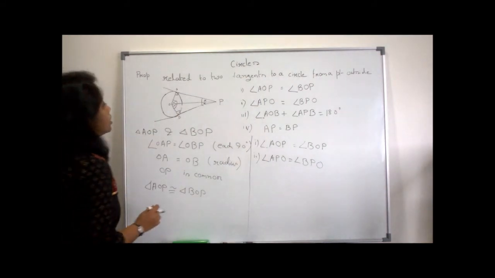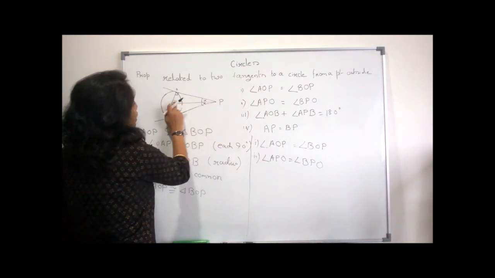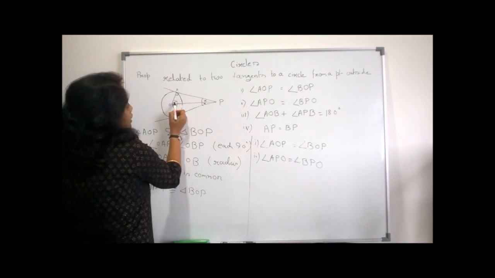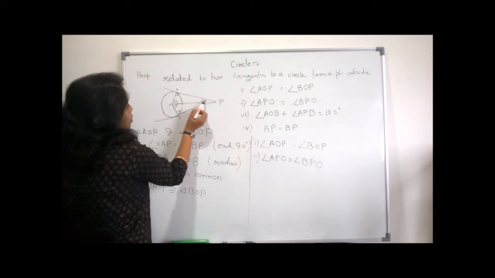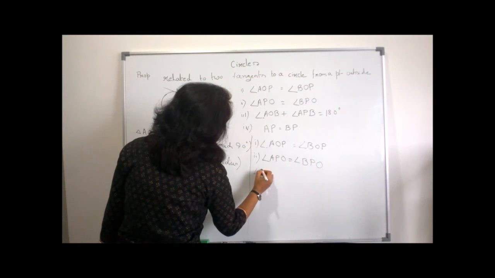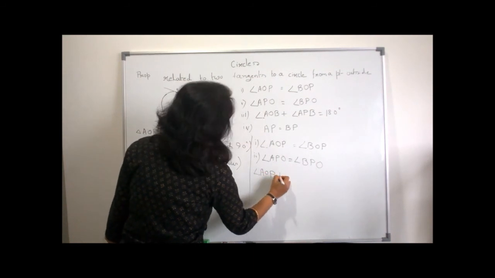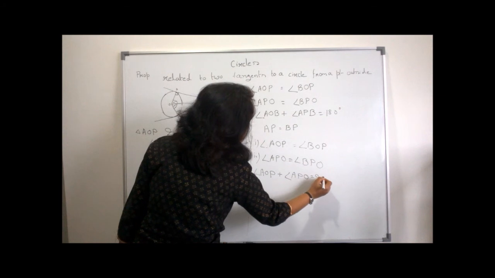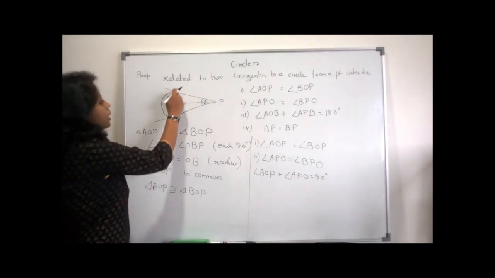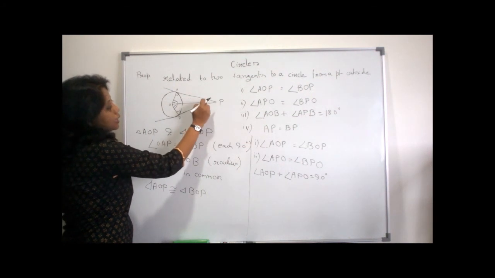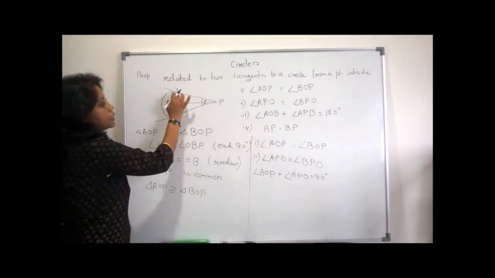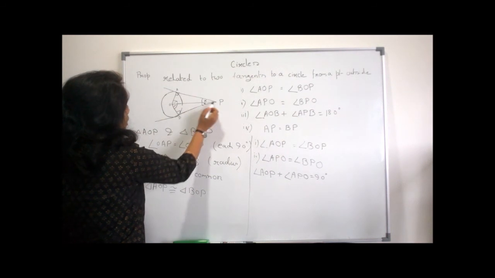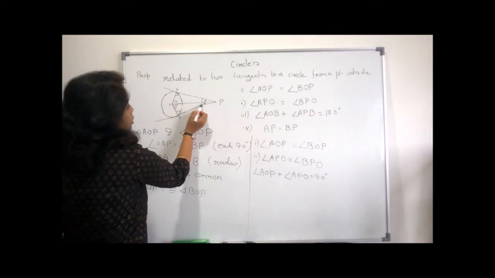Now you see that the summation of these two angles is 90 degrees. For triangle AOP, this is 90 degrees, so angle AOP and angle APO sum to 90 degrees. For triangle BOP, this is 90 degrees, so the summation of these two also is 90 degrees.